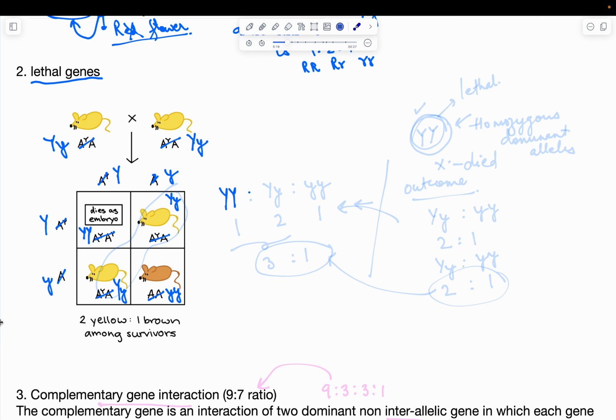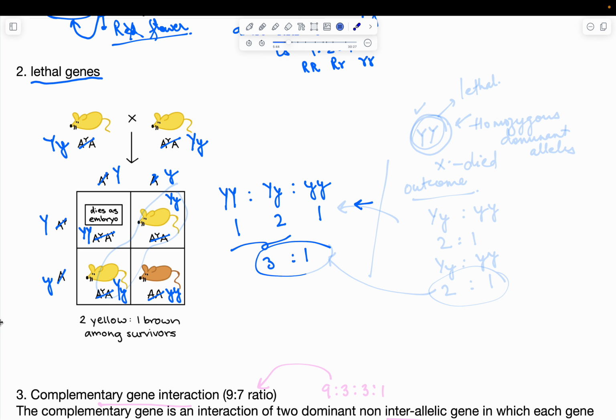The genotypes in the next generation will be YY, then hybrids, and then homozygous recessive, in the ratio of 1:2:1. So this was the expected genotypic ratio, and the expected phenotypic ratio was 3:1.